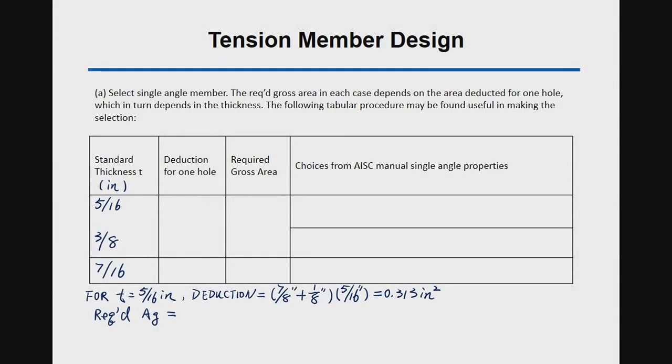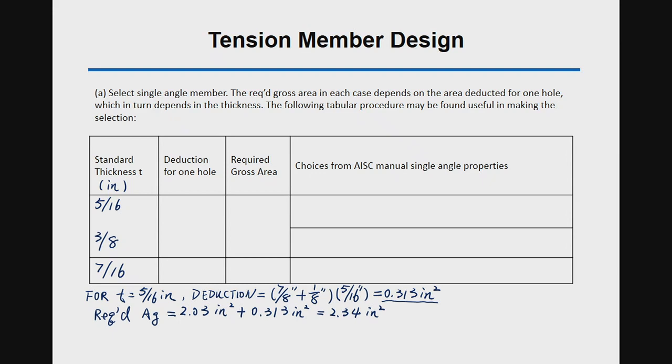So it is 2.03 square inches plus the estimated hole area, which we just calculated, equal to 0.313 square inches. And we get a number of 2.34 square inches.